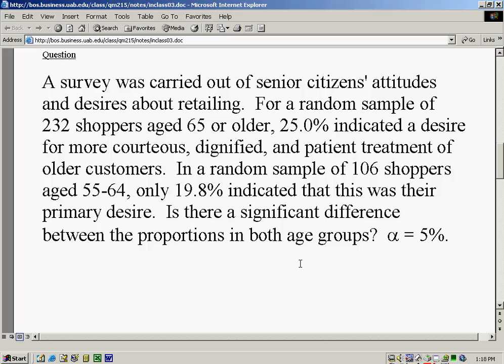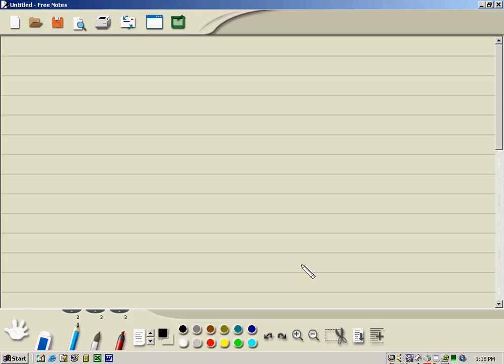Now for 5%. So we have our two groups, over 65 and the group just under that, and we have the proportions that had this as their primary desire for the two groups. So let's write down our sample information.